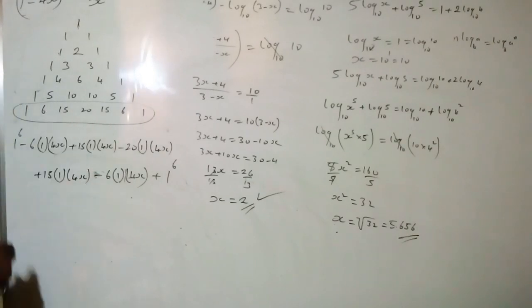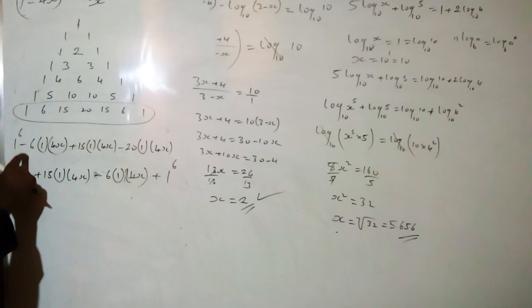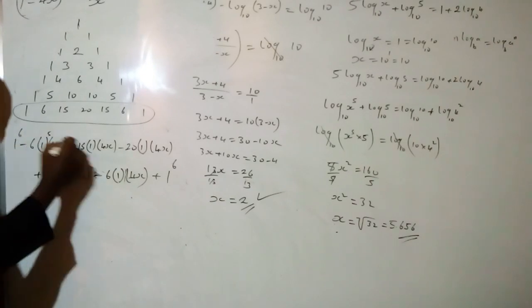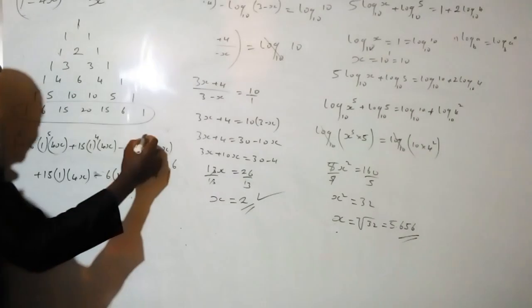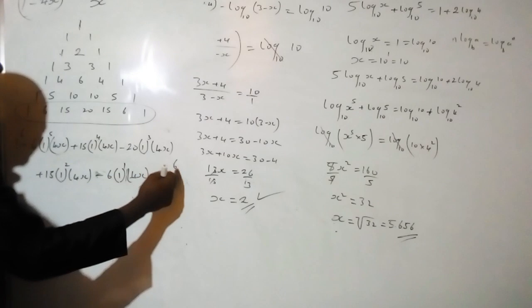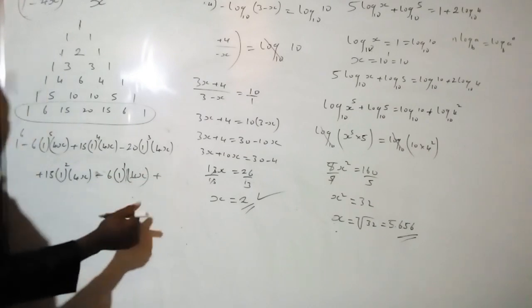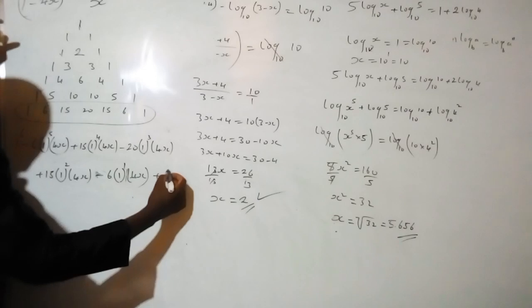Then after that, go to where we have 1, we are going to raise it to the power in descending order from 6, so 6, 5, 4, 3, 2, and 1. Here, sorry, it's supposed to be open the bracket, 4x is power 6.